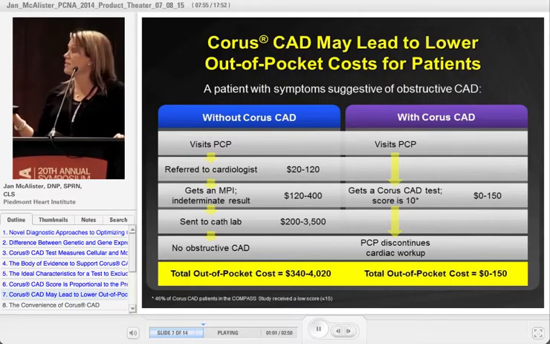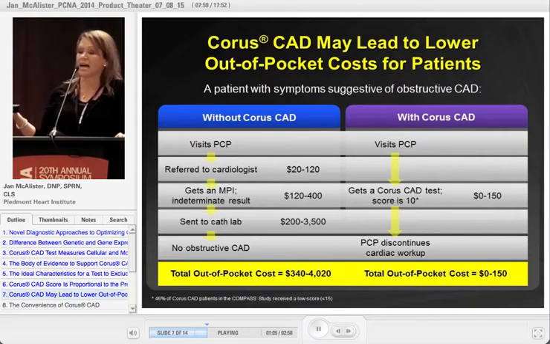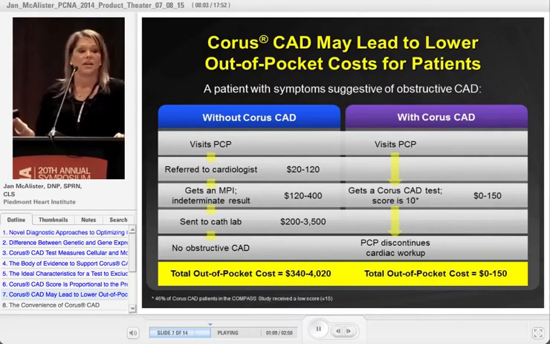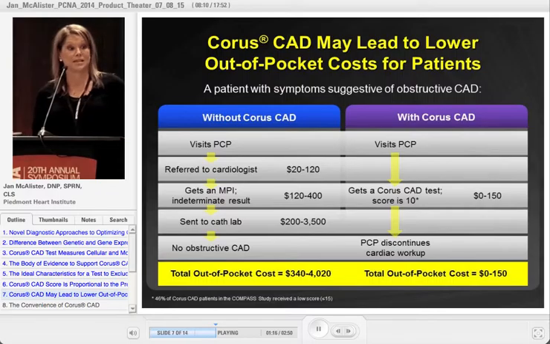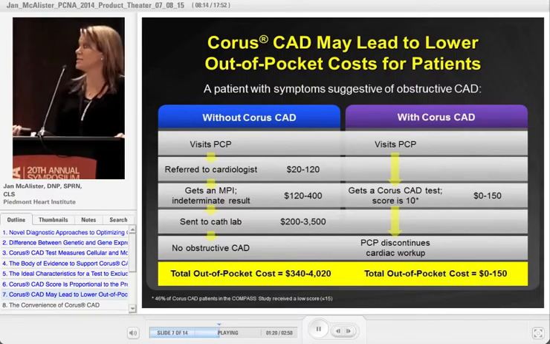So you see that right there. And then the patient is sent to the cath lab for a nice chunk of change, only to find out the patient didn't have obstructive disease. Do insurance companies like this? No. It happens all the time.